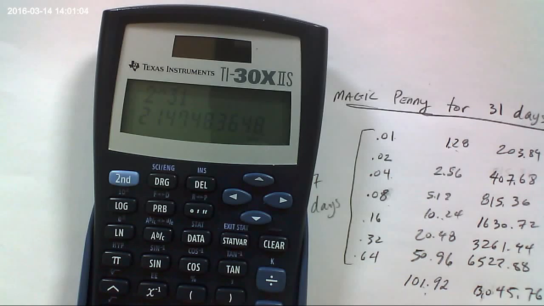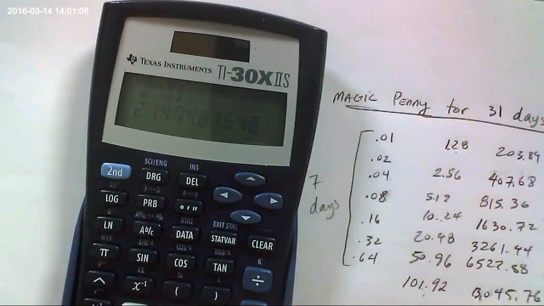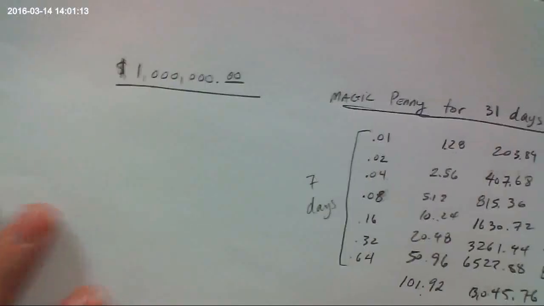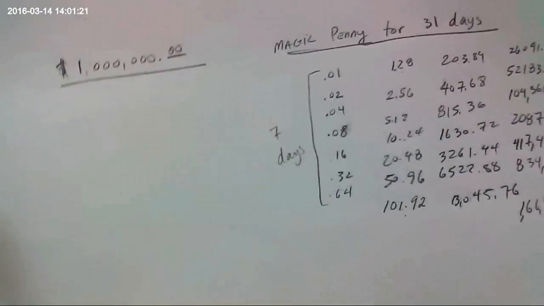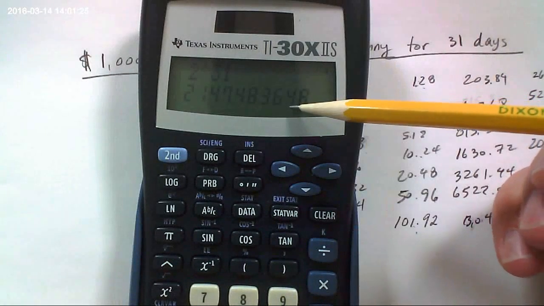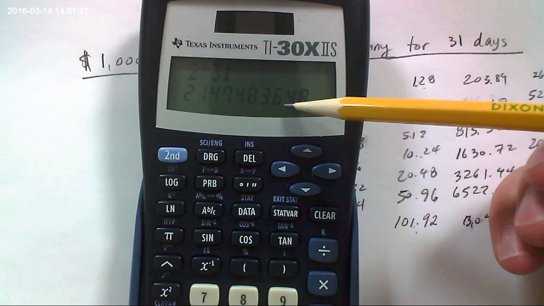Knowing me, I'd probably go on the day after we're done. So, Miss Molina, I wrote something down wrong somewhere, but with a decimal right there for 0.48, that's how much money you'd have at the end of the 31 days. $21 million.